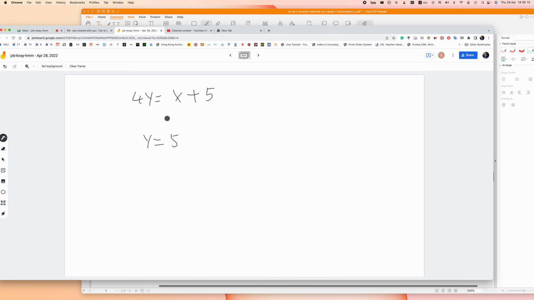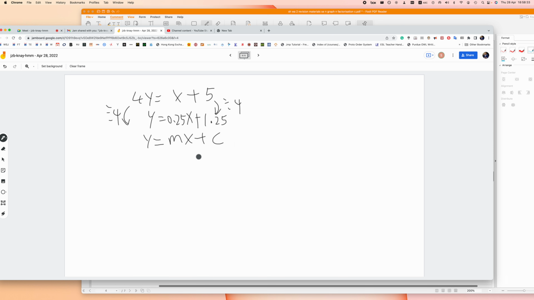Y equals to mx plus c first, right? Yeah. Mx plus c. So how do you get into this format? So you divide by 4. So this one divided by 4 is 0.25x. This one divided by 4 is 1.25.